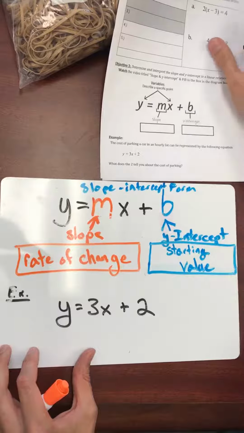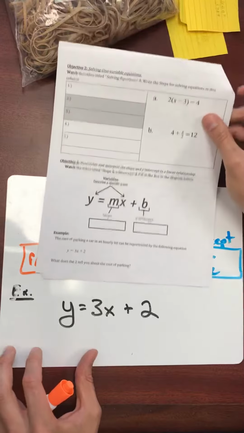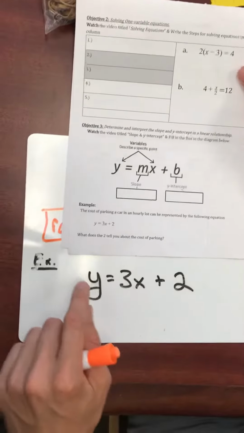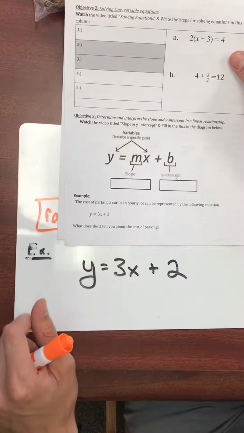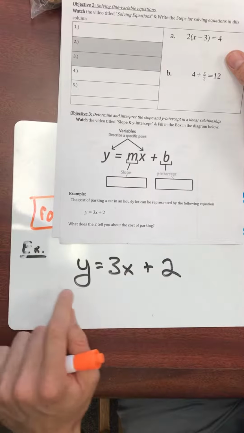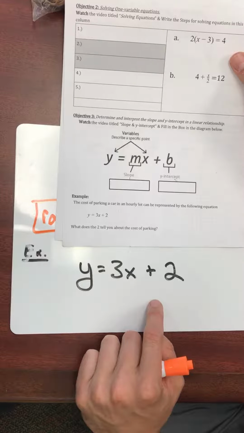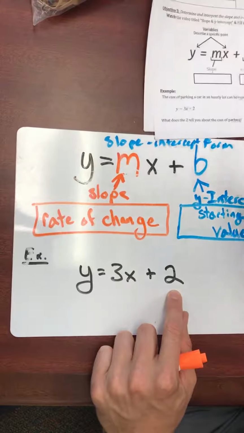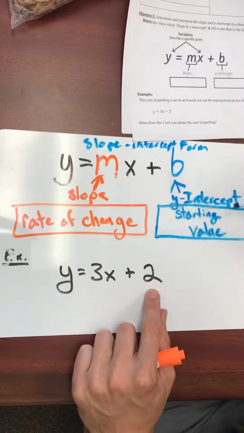So we're going to look at an example that's on your study guide where we have an equation, y equals 3x plus 2, and they say that this equation represents the cost of parking in an hourly lot. So if this represents the cost of parking and they want to know what the 2 tells you, we have to first think, does this 2 represent the slope or y-intercept, or the rate of change or starting value?